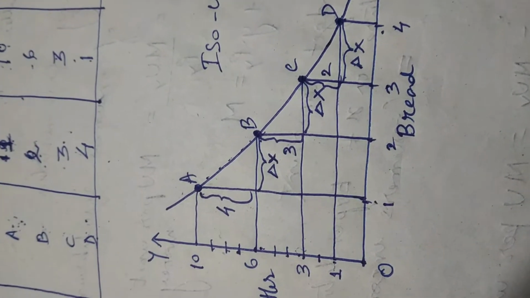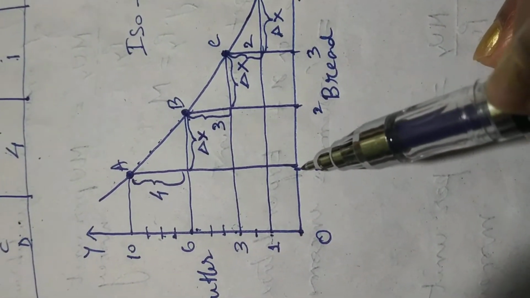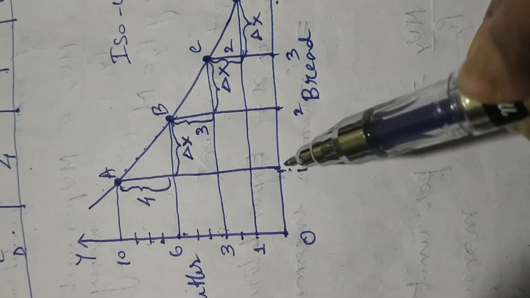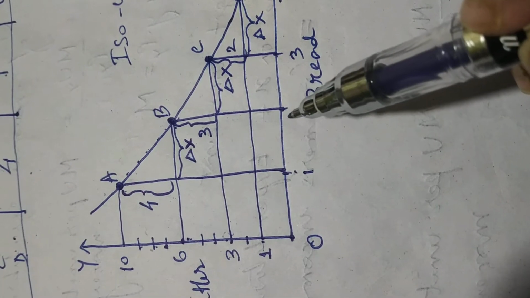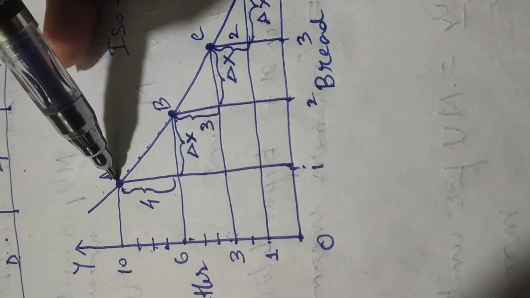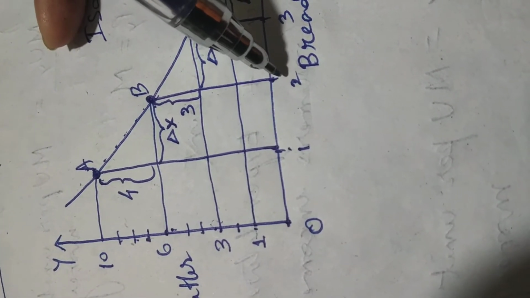Now look here, as the consumer is increasing X by 1 unit, that means he is consuming 1 unit more of bread. Initially, he was consuming 10 units of butter and 1 unit of bread. Then, when he increased bread by 1 more unit, what happened? You see, the consumption of Y has declined by 4 units.